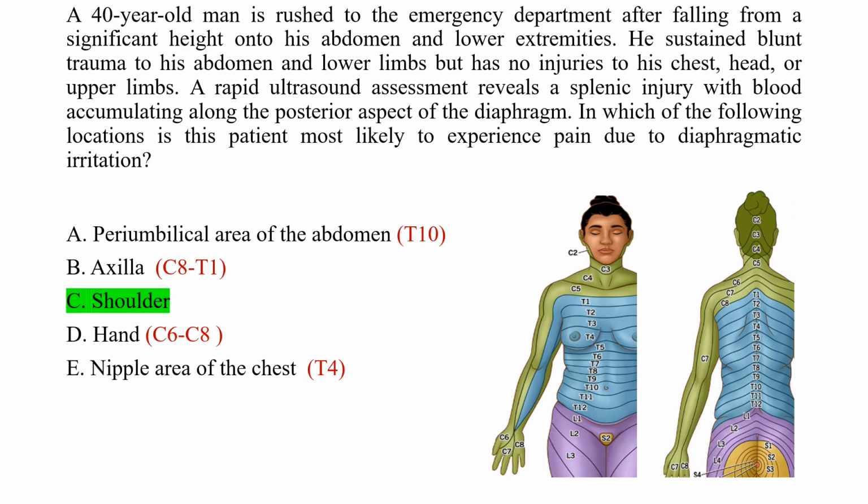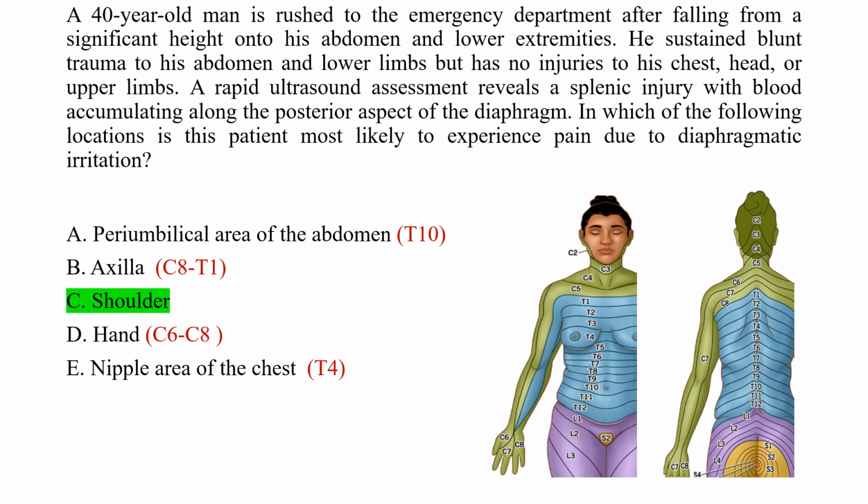Let's have a look at why the other options are incorrect. So option A is incorrect because the abdomen at the level of the umbilicus is typically innervated by the T10 dermatome. And option B is incorrect because the axilla is primarily innervated by C8 to T1, which is located far below the C3 to C5 dermatome.